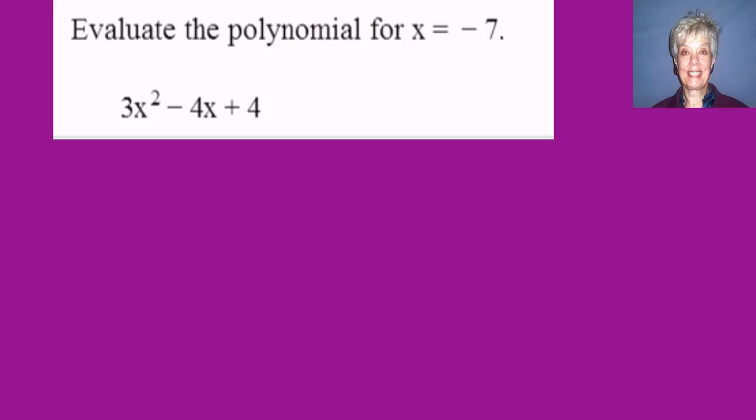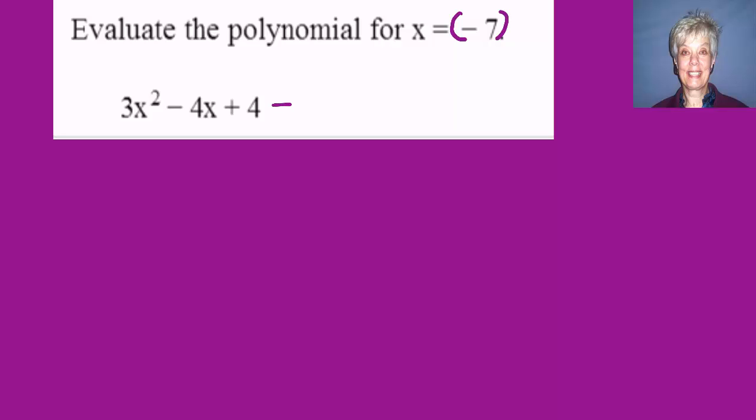Now we're going to evaluate this polynomial, which is 3x squared minus 4x plus 4. And before we do anything else, I'm going to put parentheses around the -7. Always put parentheses around negative numbers.